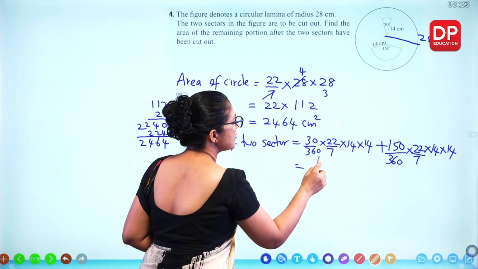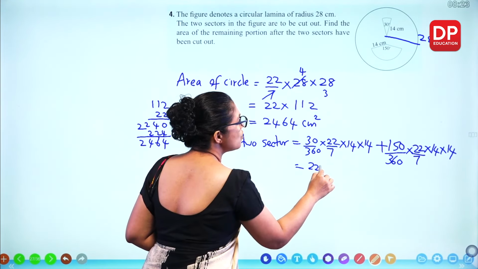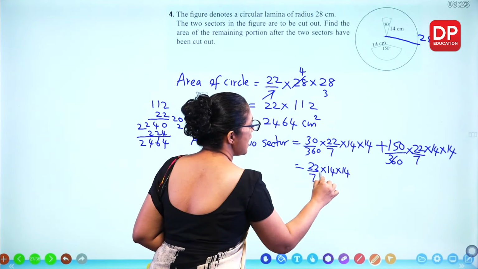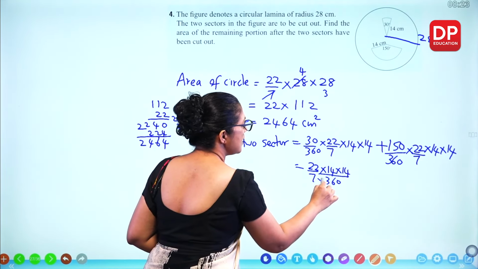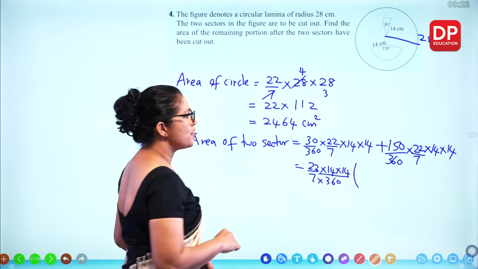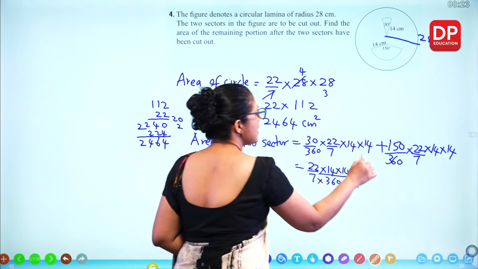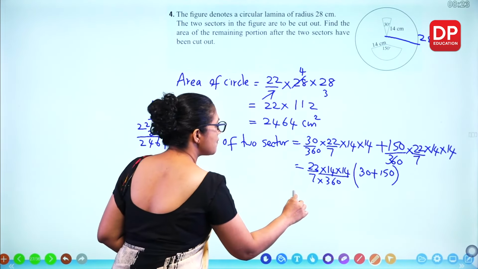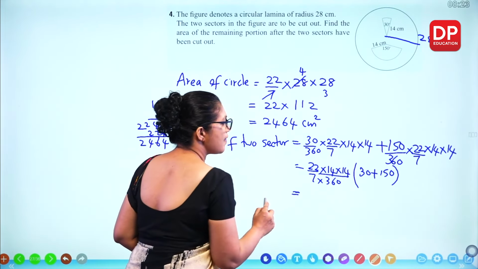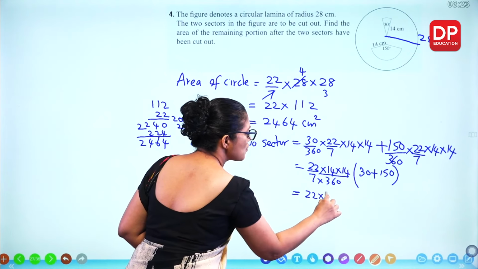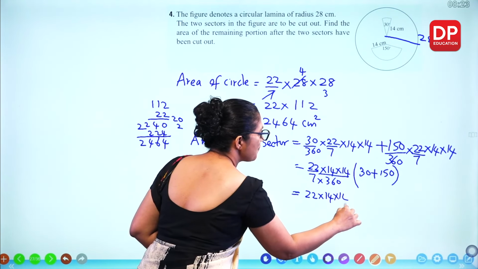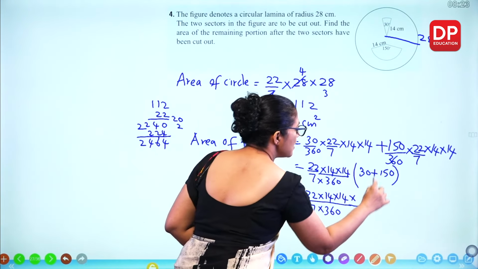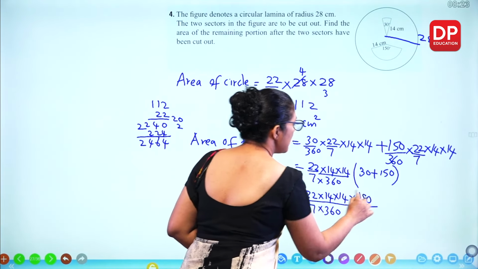So I can take 22 over 7, 14 times 14, and 360 common for both of these terms, and then I get 30 and 150. So what is 30 and 150? I get 180. So 22 times 14 over 7 times 360 times 180.